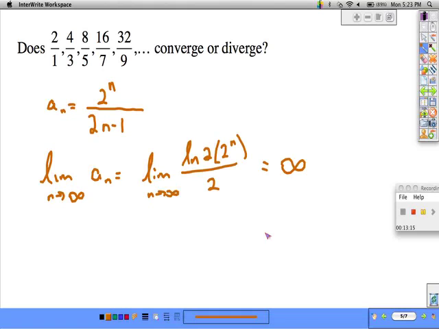And this is equal to infinity, so this is divergent. We could say that a sub n is divergent. It doesn't approach some value. It blows up as n gets really big.